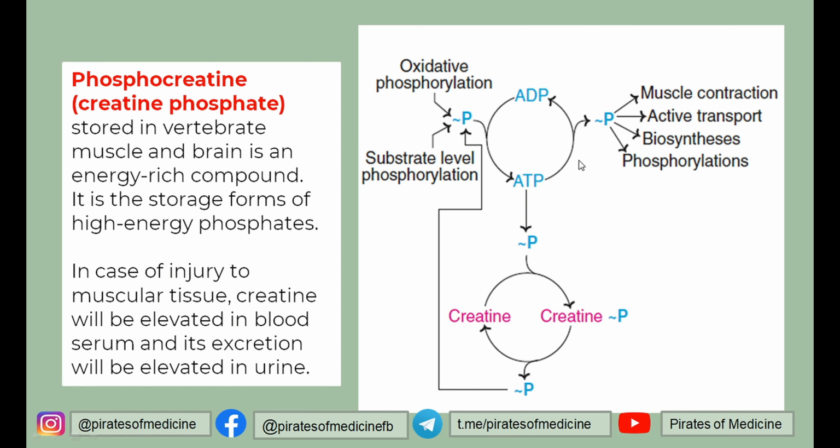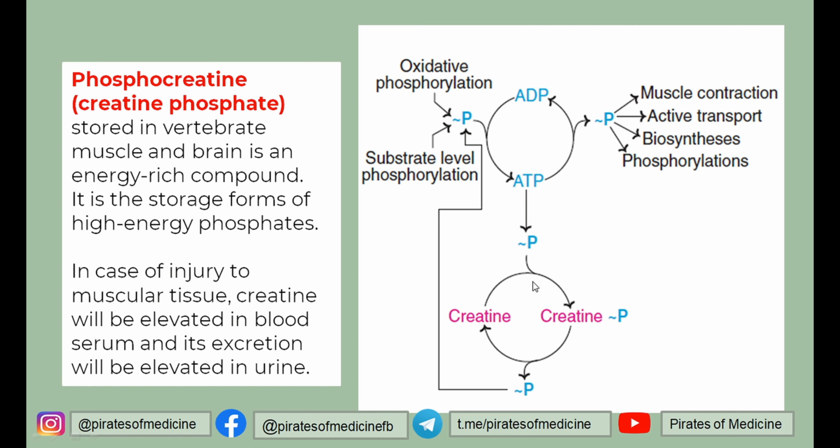So during ATP synthesis, this creatine takes phosphate from ATP so that it can be stored, and when it's needed it gives back the phosphate to ATP, and the enzyme that takes part in this is creatine phosphokinase. So it takes the phosphate from ATP and makes creatine phosphate, and when it is required it gives back the phosphate so that ATP can be produced back, and it can do the functions of muscle contraction, active transport, biosynthesis, and phosphorylation.